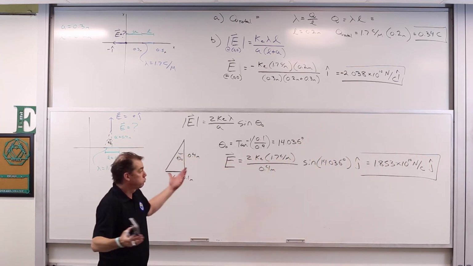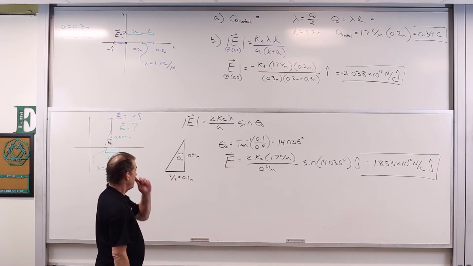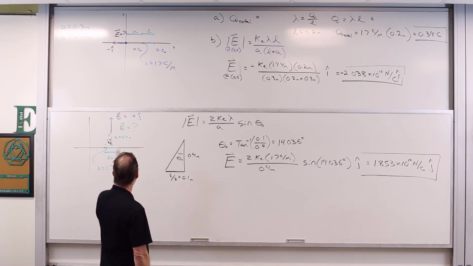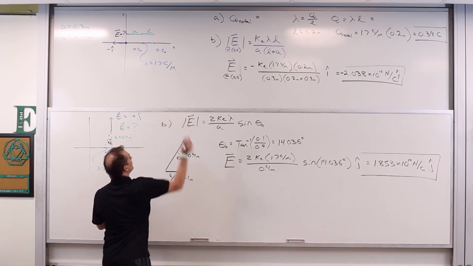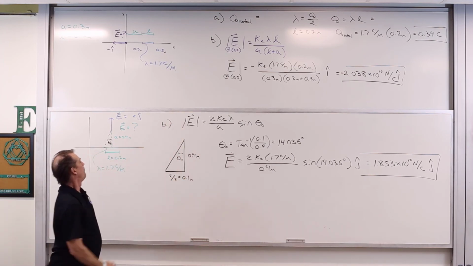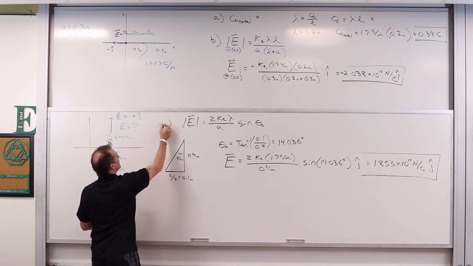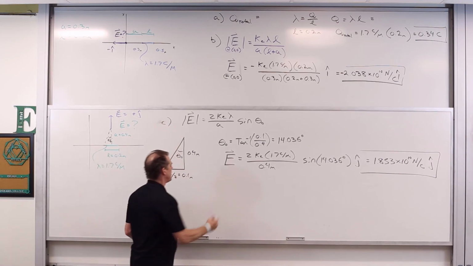There we go. We got ourselves the magnitude and direction of the electric field at that point. So this was a part B, right? Nope, part C, sorry about that. One last part, part D.